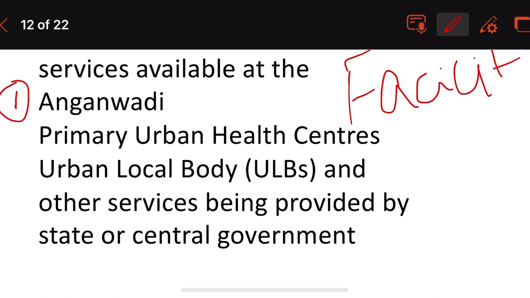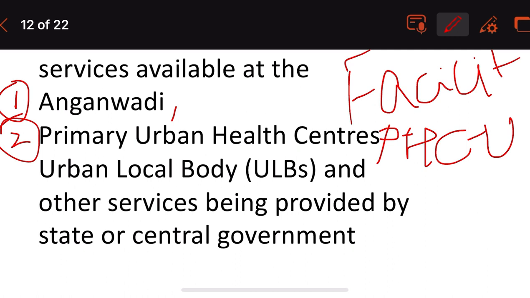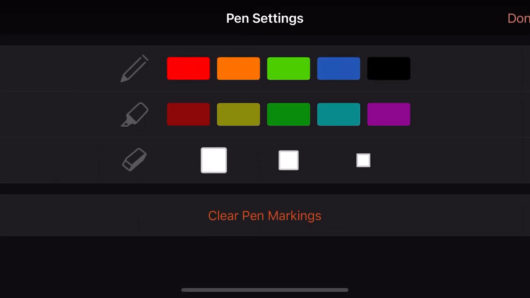The health services are available at the Anganwadi centers and the primary urban health centers, and then we have urban local bodies and other services which are provided by the state and central government.